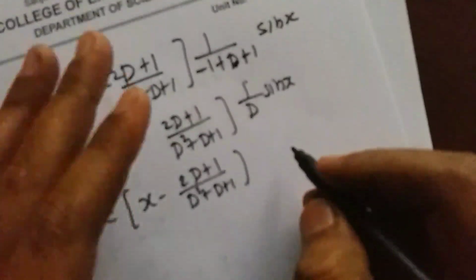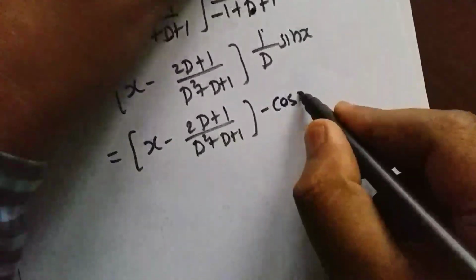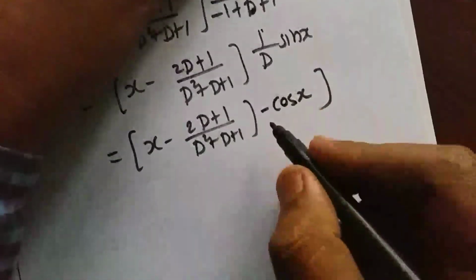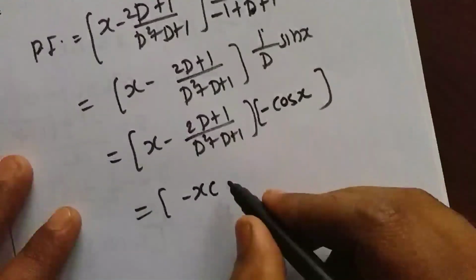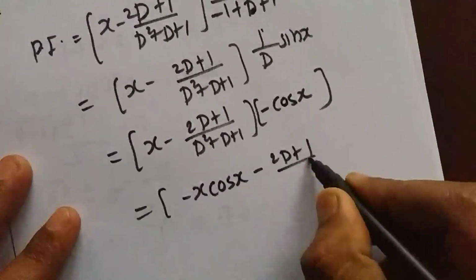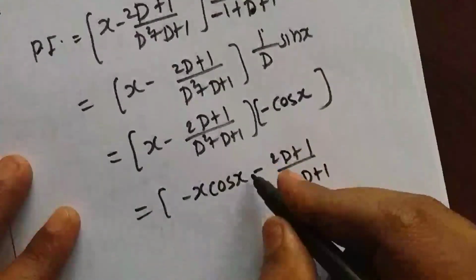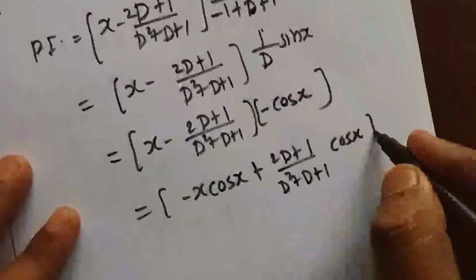What is the integration of sin x? Integration of sin x is minus cos x. Now multiply by this minus cos x inside. So we'll have here minus x cos x, then (2D plus 1) upon (D square plus D plus 1), minus will become plus cos x here.